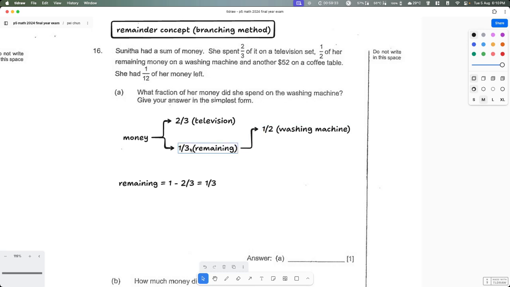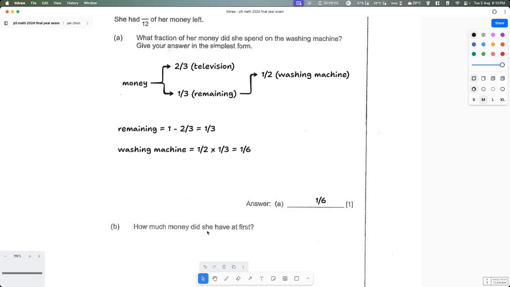She says half of remaining. So in essence, washing machine is basically one half times one third, and the answer is 1 over 6. And that's it. 1 over 6 of the total money she spent on the washing machine.